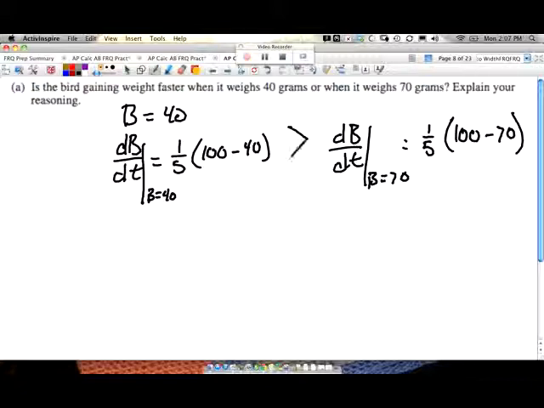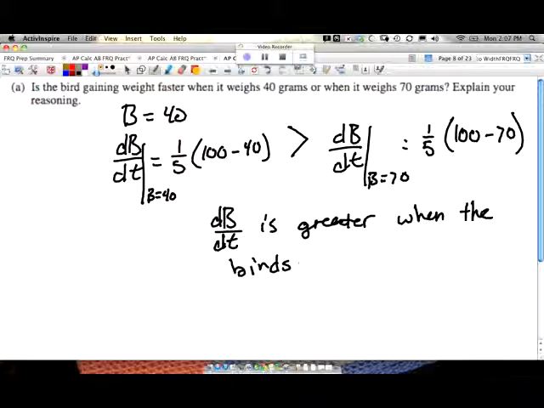This is greater. So db/dt is greater when the bird weighs 40 grams.